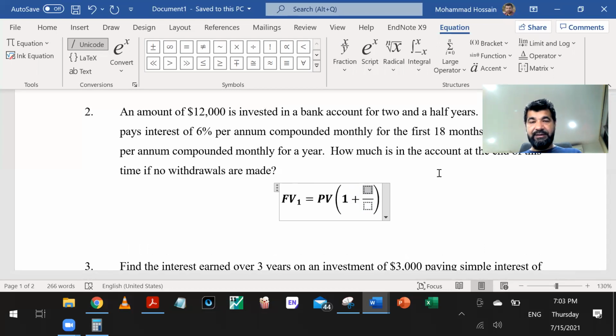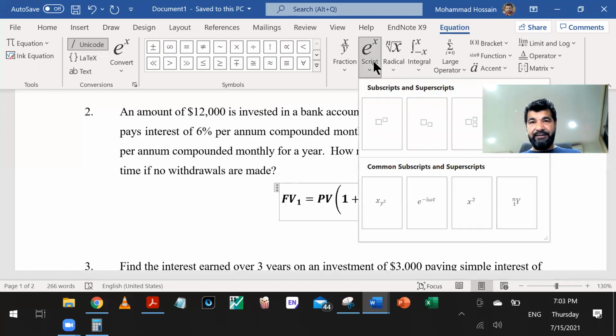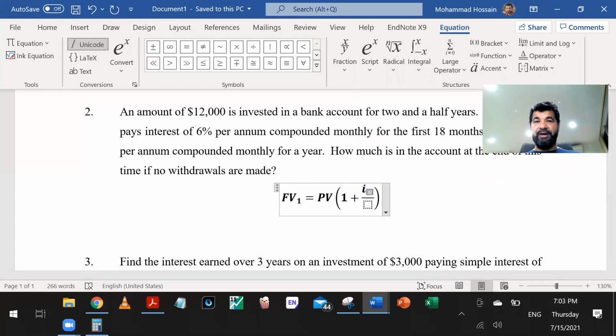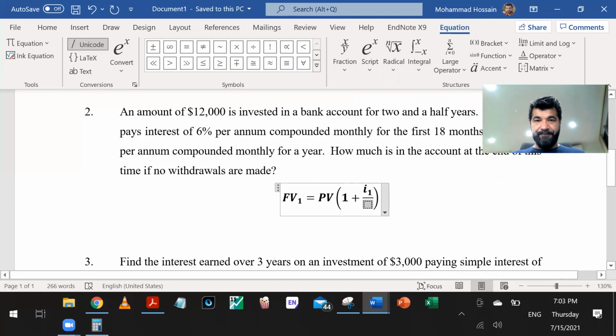1 plus I, we will say I1, because we have two interest rates, right? One is 6%, other is 7%. So first one is, let's say, 6% divided by n.